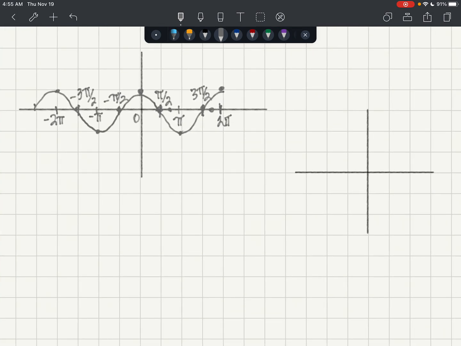So this clearly fails the horizontal line test. So this is the graph of y equals cosine of x.